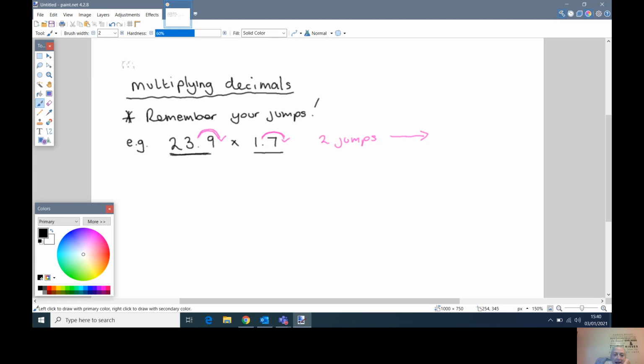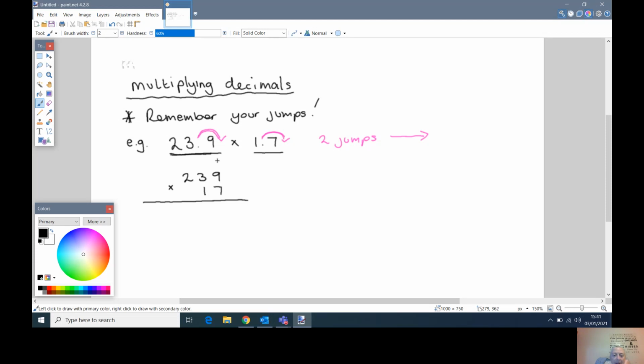This number here has become 239 times by 17, because I've jumped out. Now I'm going to go over this multiplication bit, so in case you're a little bit unsure, hopefully it will give you a reminder.